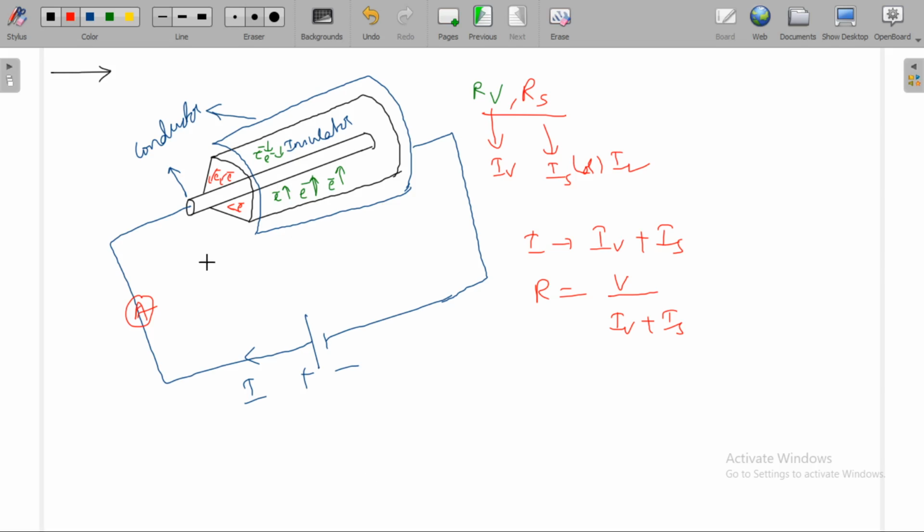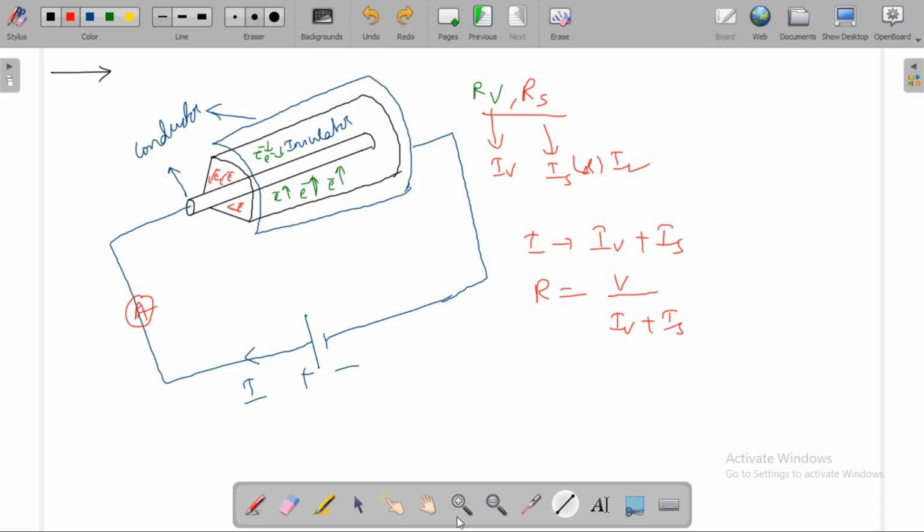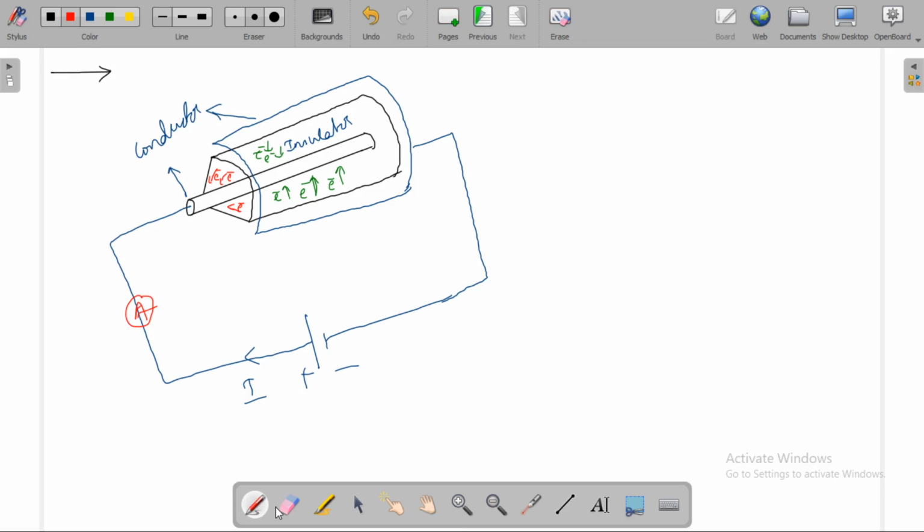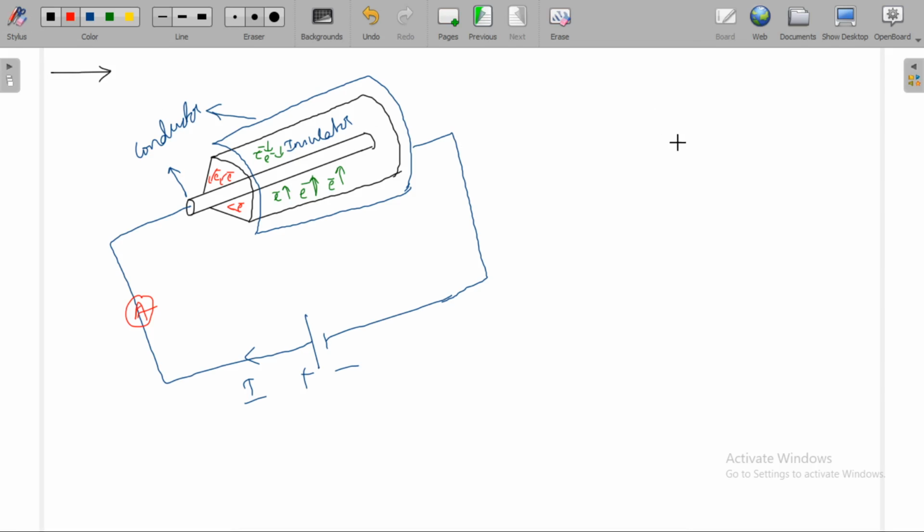Coming to the front view of this cable, coaxial cable, you are going to have like this. This is conductor.